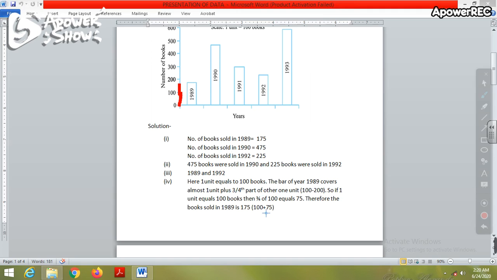So we add 100 books plus 3/4 of another 100 books, which equals 75. Therefore, the number of books sold during the year 1989 is 175. In this way, we estimate the number of books sold during 1989.